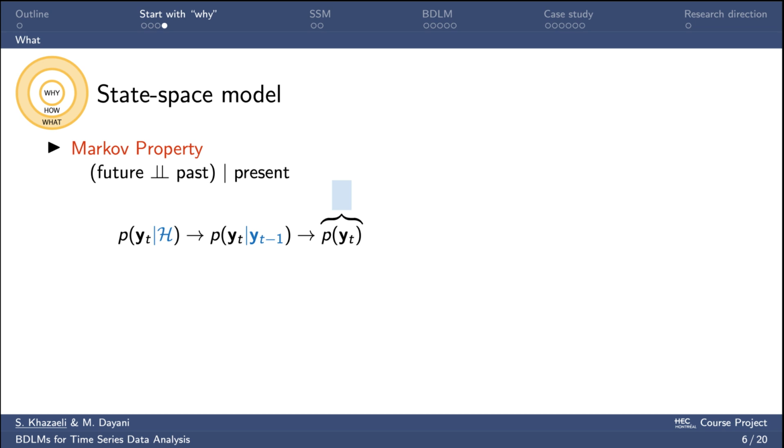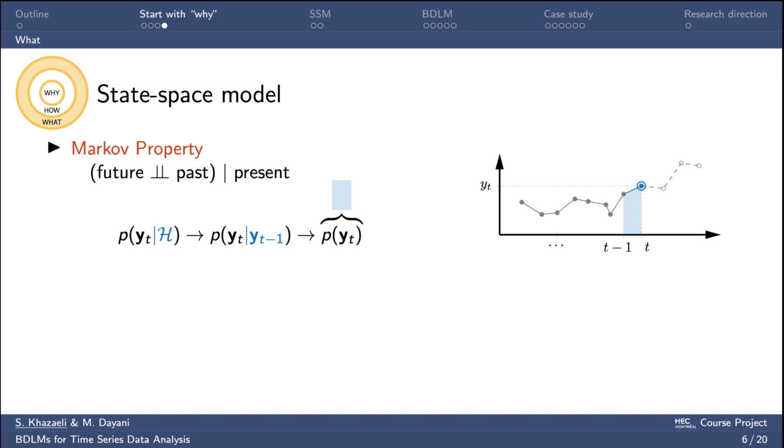Mathematically, it means that the history is reduced to only the direct previous time step. On the right, you can see it visually. The blue region is now a small segment of time. This is the place we postulate the state space model. When we have it for this region, we can repeat it for other time steps recursively. That's why I removed the blue part from the equation and you see a blue box on top of it.